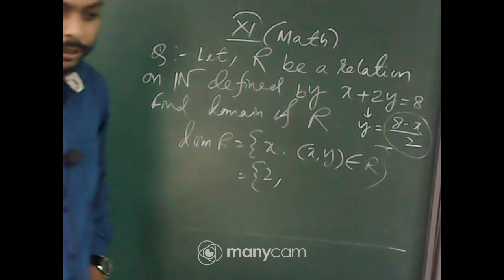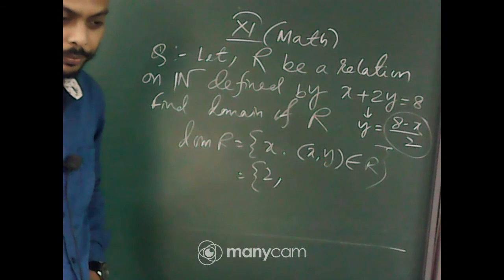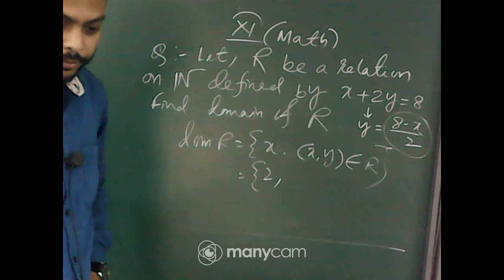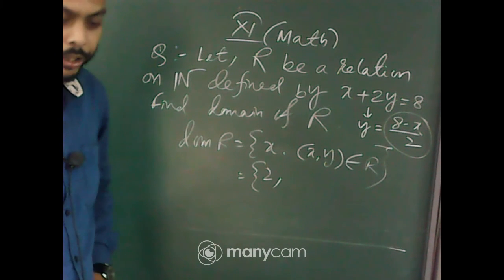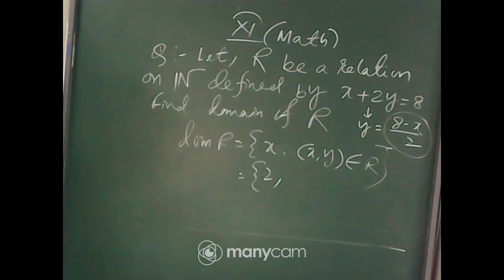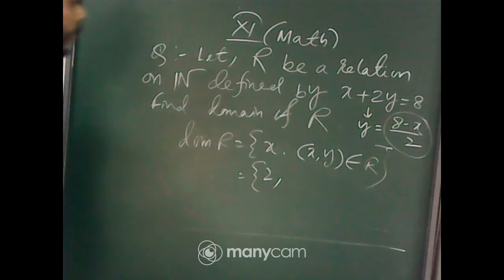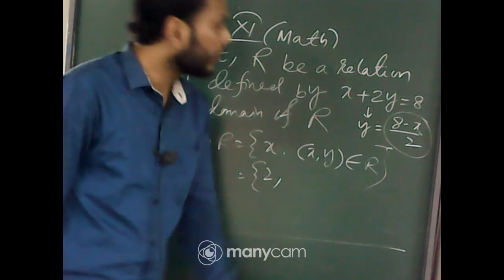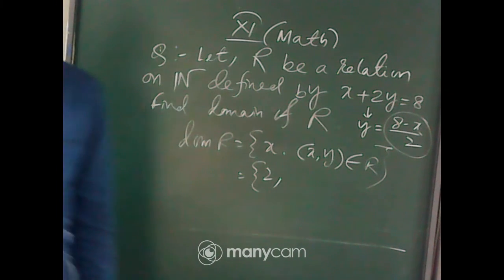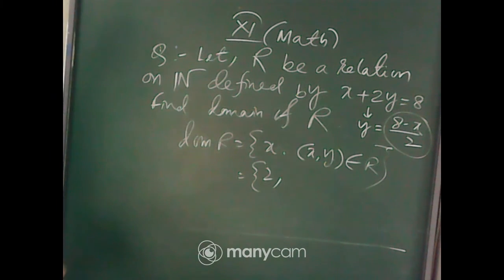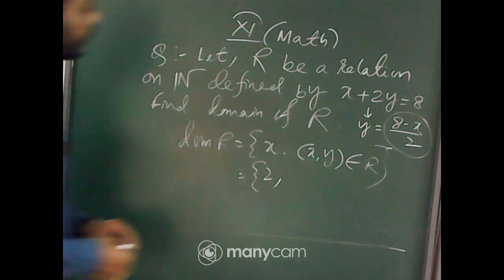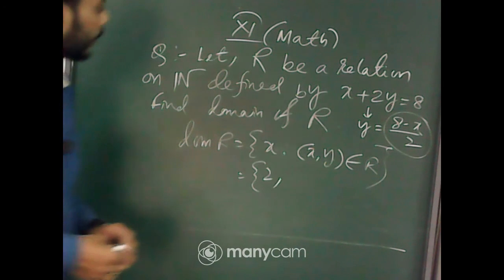Have you got it? What I am saying, the first one? Now put x equals 3. It will give you 8 minus 3, that means 5 by 2. That is not a natural number. So 3 will not be in the domain.